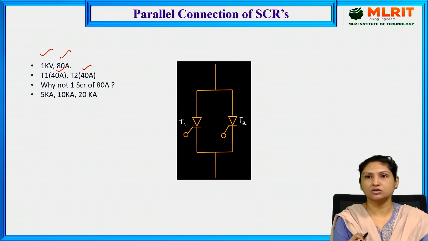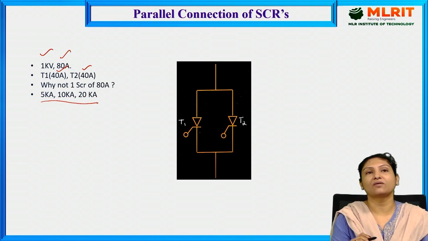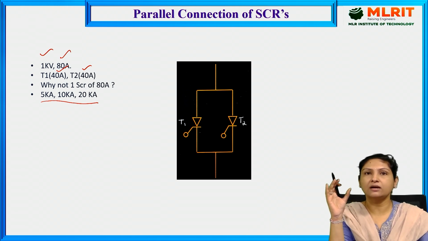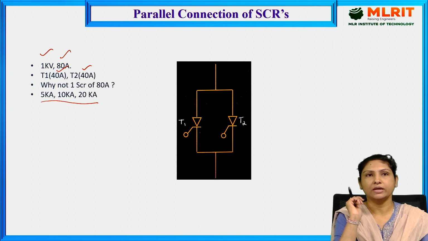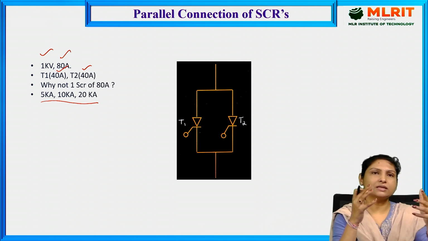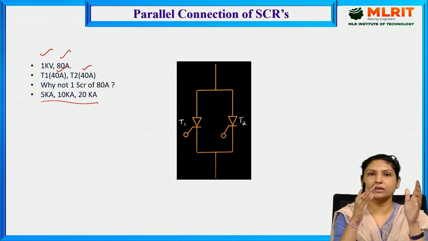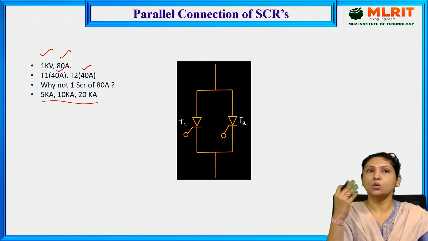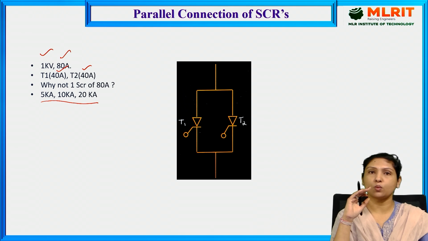We can manufacture it, but in order to meet various ratings like 5 kiloamperes, 10 kiloamperes, 20 kiloamperes, we cannot manufacture each SCR separately because it becomes difficult and the cost also increases. So we take a number of SCRs and connect them in parallel to meet the high current handling capability. Similarly, if we need to increase the voltage rating, we connect a number of SCRs in series and thereby meet the requirement of the string.